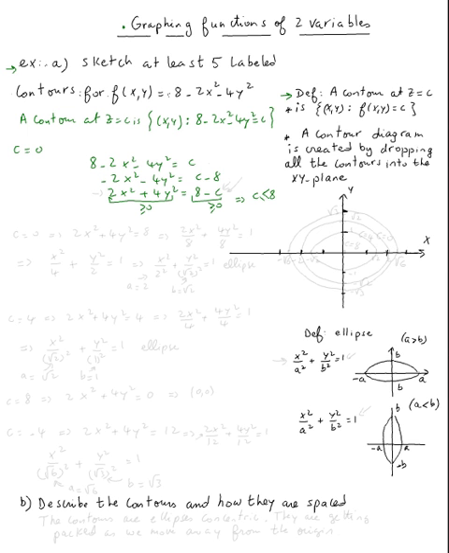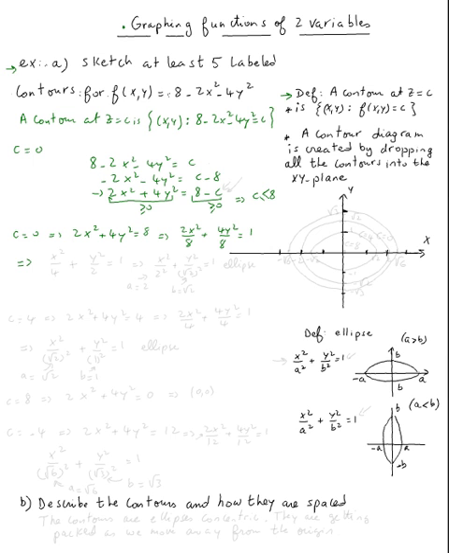Alright, so let's start with c equals 0. Now I'm going to plug it here. This gives me 2x squared plus 4y squared is equal to 8 minus 0, which is 8. Now I can think of the ellipse, so divide everything by 8. 2x squared divided by 8 plus 4y squared divided by 8, and 8 divided by 8 is 1.